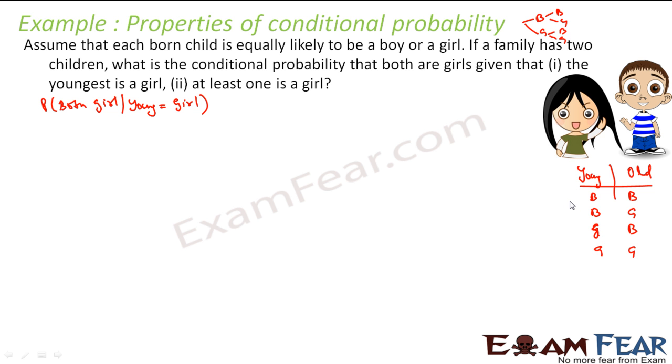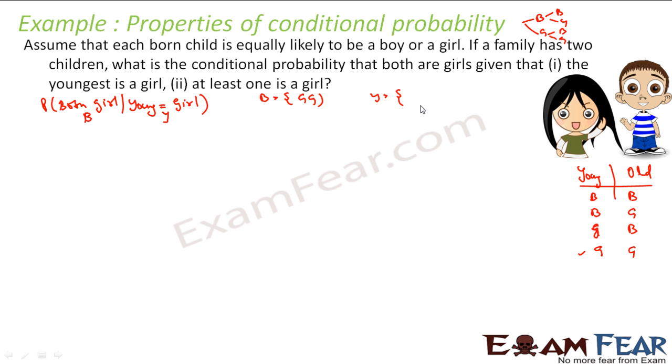So let's solve this using sets. Let's say set B is both girls, so B will have the element GG.